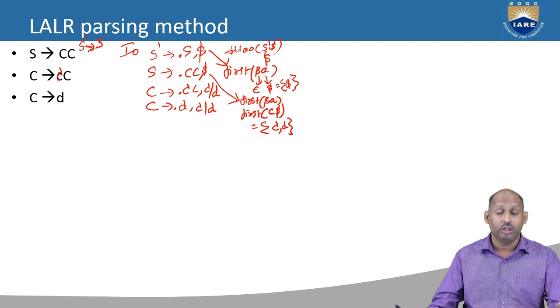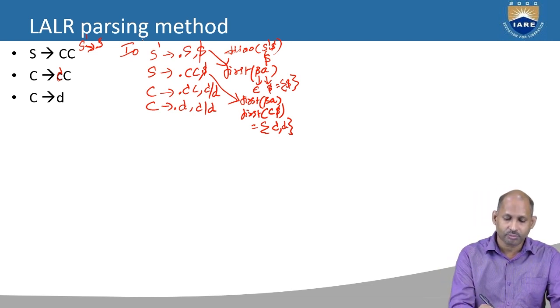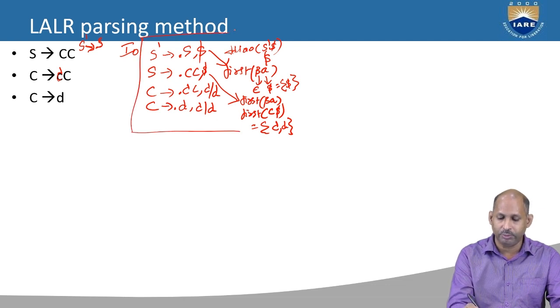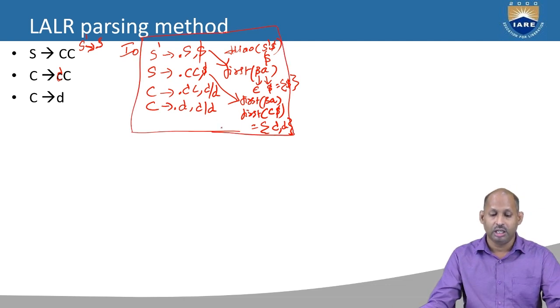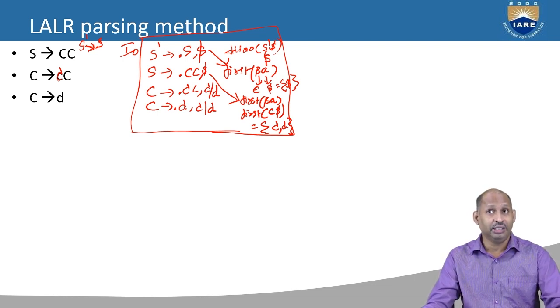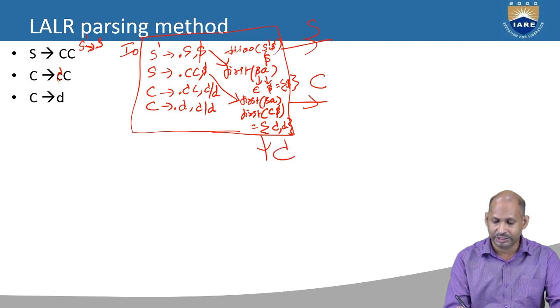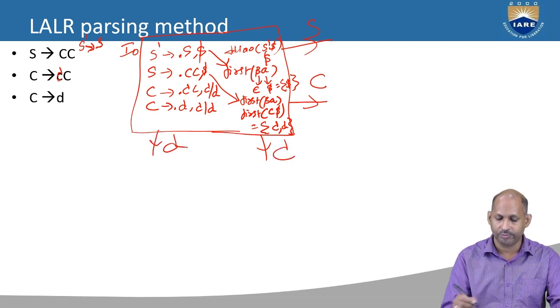Okay. Now, dot is followed by terminal symbols. So this I0 group is completed. Here, the dot is followed by capital S, capital C, small c, and small d.